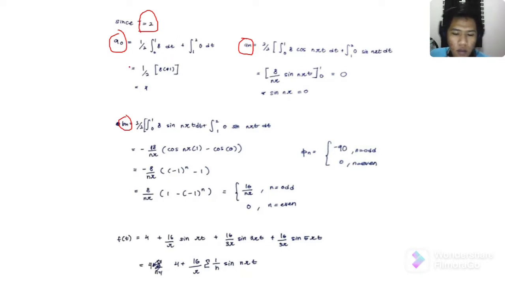A0 is equal to 1 over T, integral from 0 to T, function of T dt. So we substitute into the formula and we will get the value for A0 is 4.